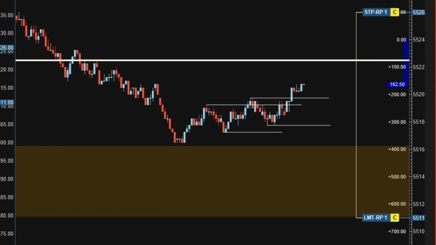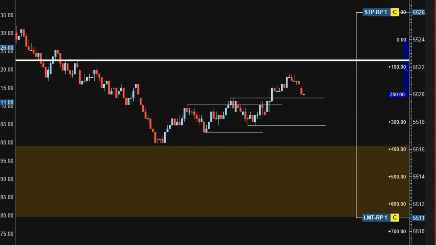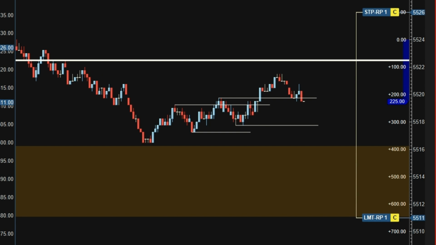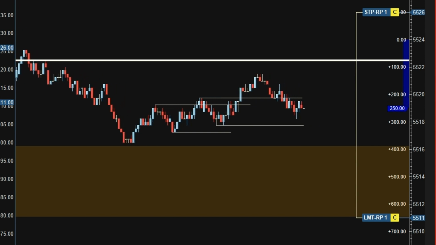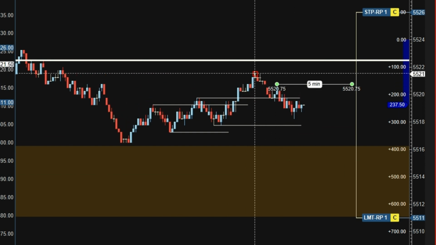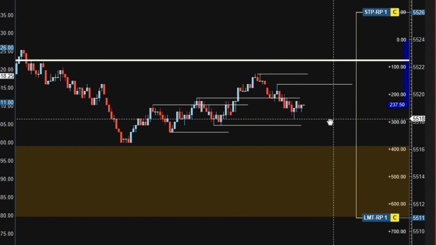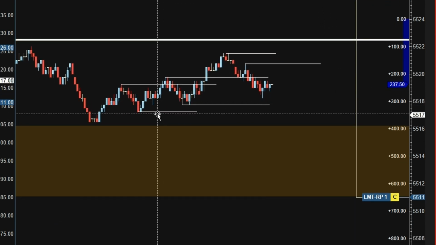See, still making a bullish structure. And now we are making sort of a bearish structure if you are considering this high. But still, you have to break these lows.